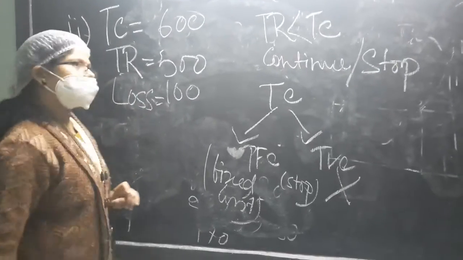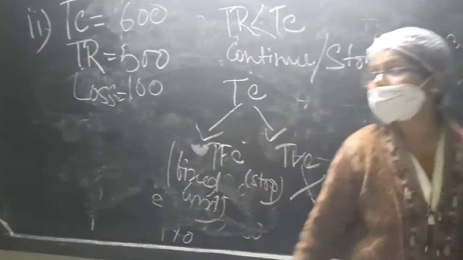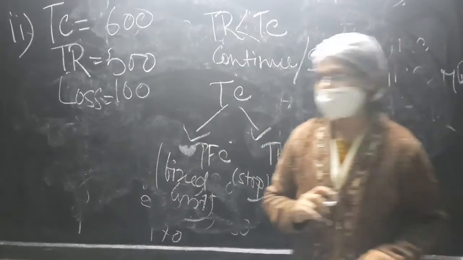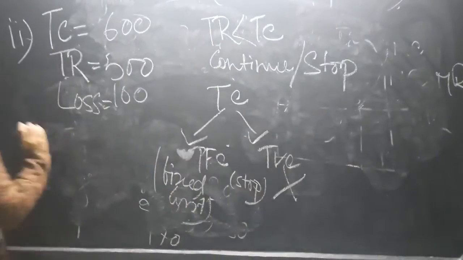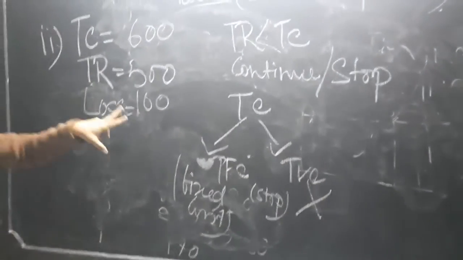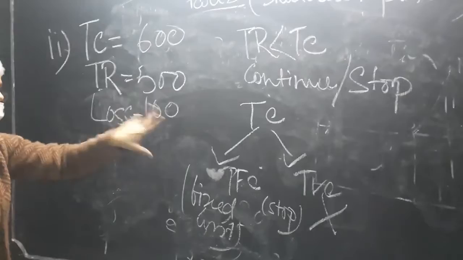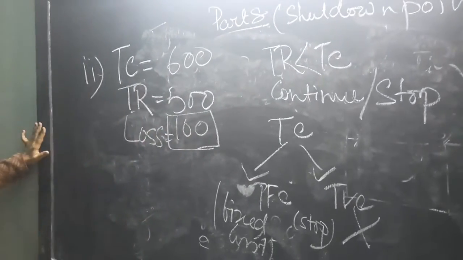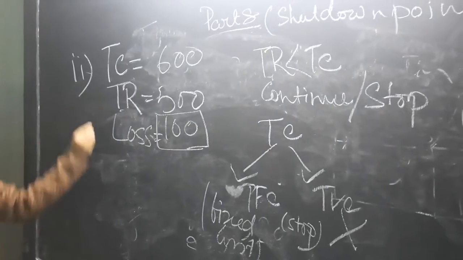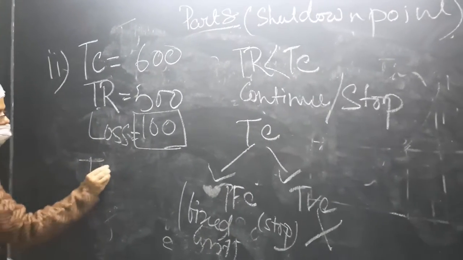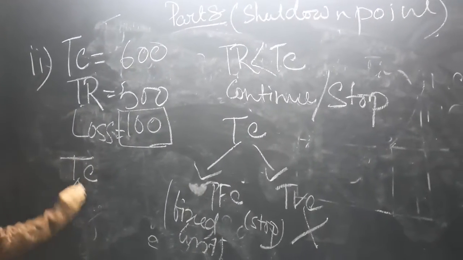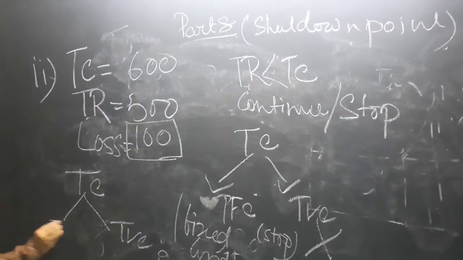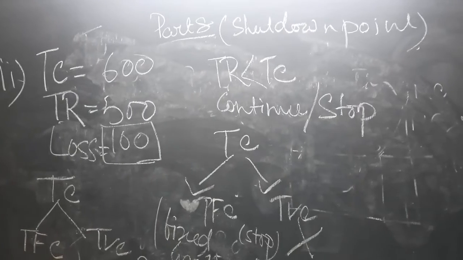Now my question is, when the firm is incurring loss, what will the firm do? Will the firm stop the production or continue the production? Okay, what is the total loss? That is 100. Now coming to the cost. How can I divide my cost? TC has two parts: one is TVC and one is TFC.